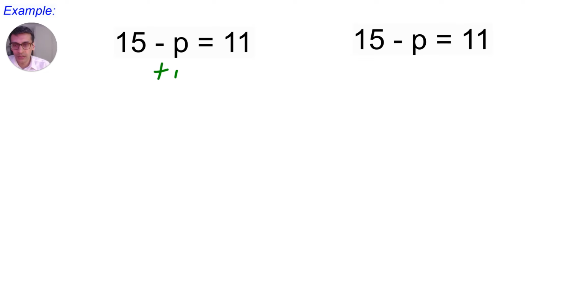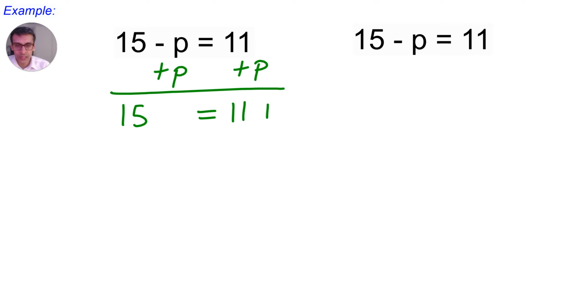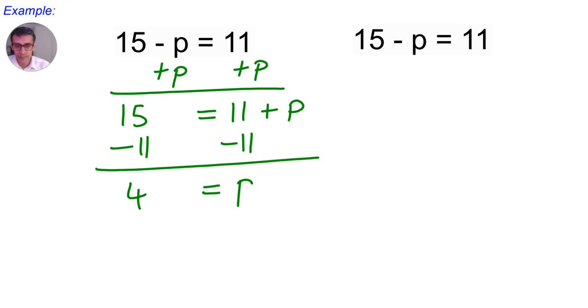So we can add p, and then this becomes 15 is equal to 11 plus p, and then take away 11, so 15 minus 11 is 4, so 4 is equal to p.